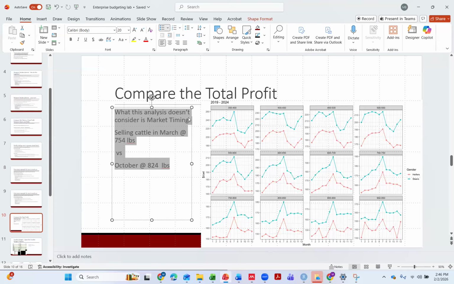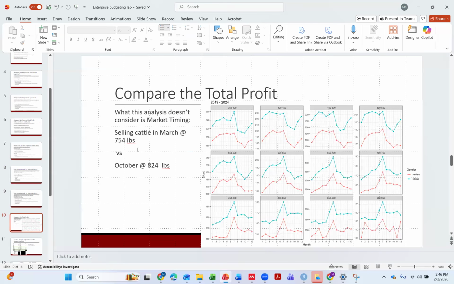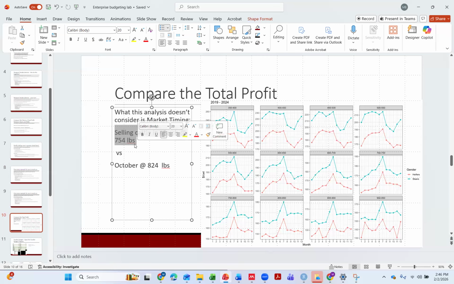So this scenario we just went through with intensive early stocking and season long stocking does not consider price seasonality. Okay. So in that intensive early stocking, we're selling a 750-pound steer in March. No, that's not right. July.